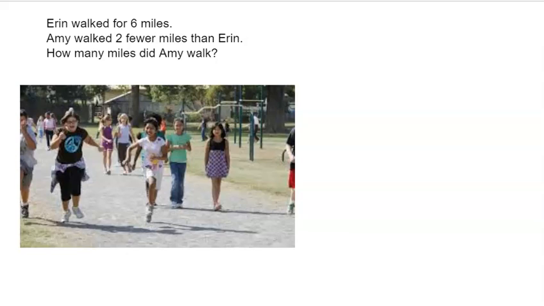Okay, so I'm going to read this problem without the numbers, and we're going to try to make sense of it. Aaron walked for some miles. Amy walked some fewer miles than Aaron. How many miles did Amy walk? So, what's going on in the problem?